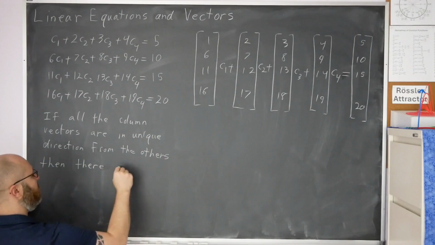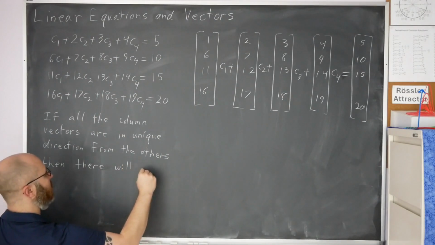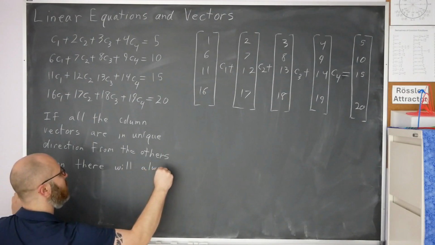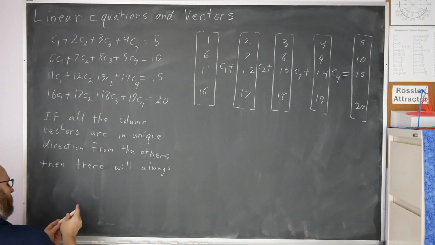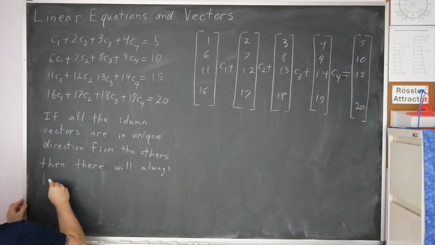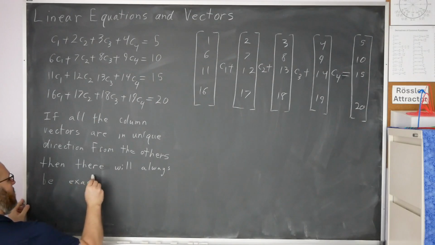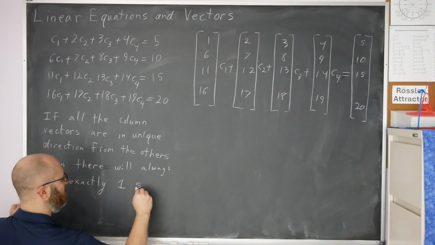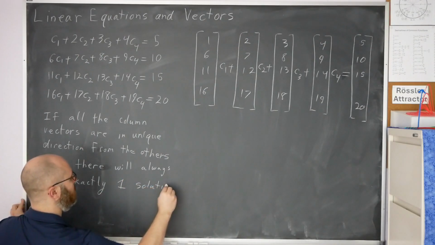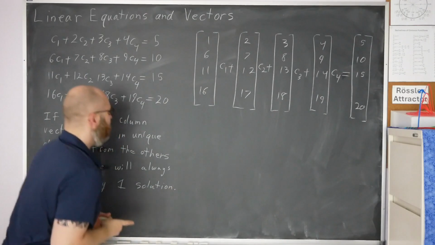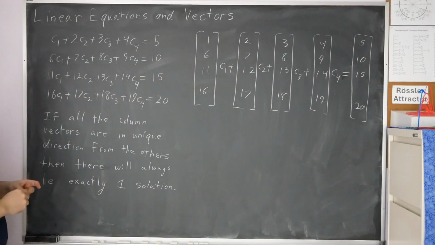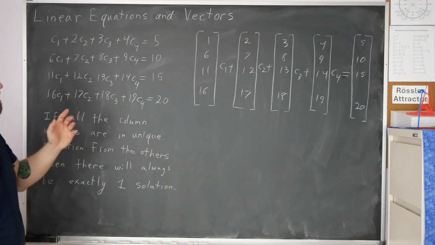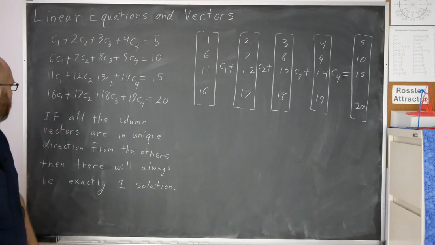I'll say there will always be exactly one solution. All right, and we're going to have to figure out how you can tell if they're unique or not, and that's actually through row reduction.